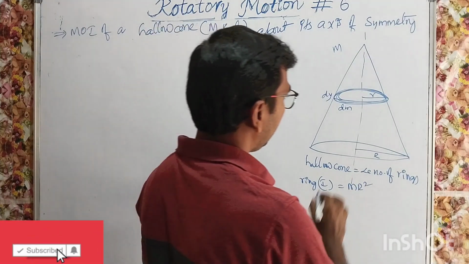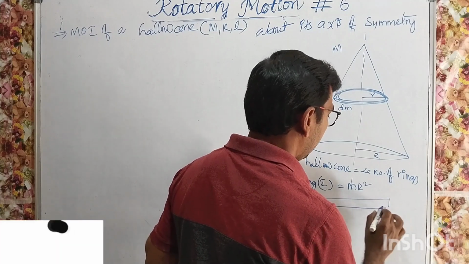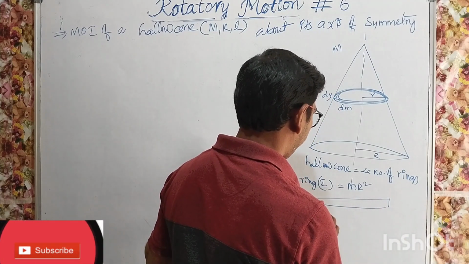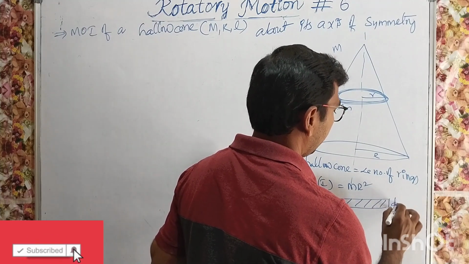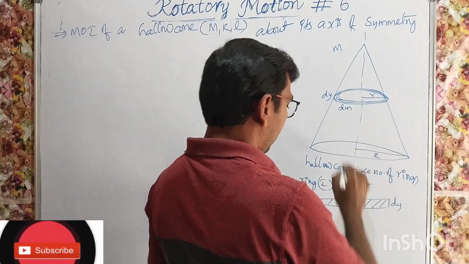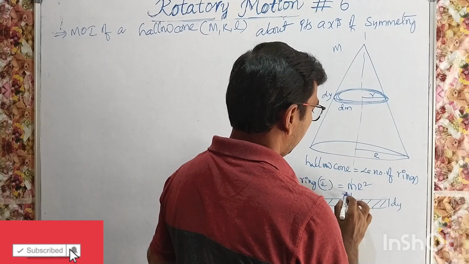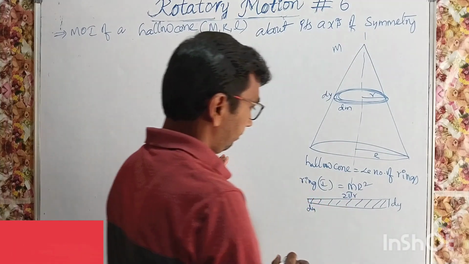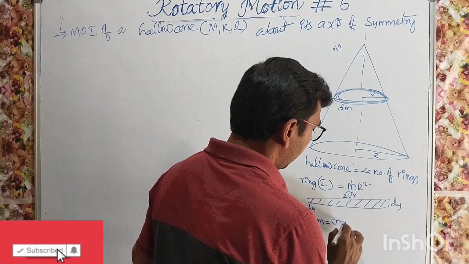So I will consider a ring. This is the small element dm. The thickness of this small element is dy, and this is 2 pi r, the circumference of the ring. So here the small element dm is equal to sigma dA.